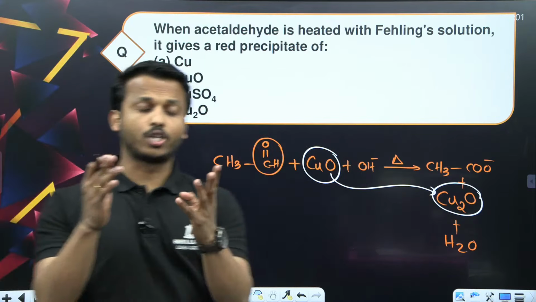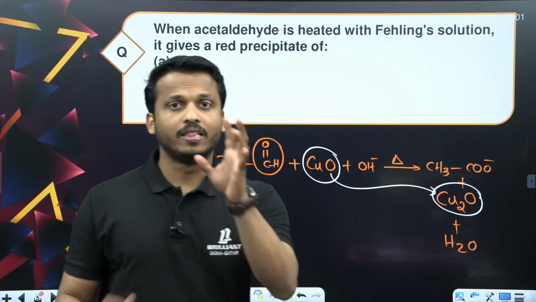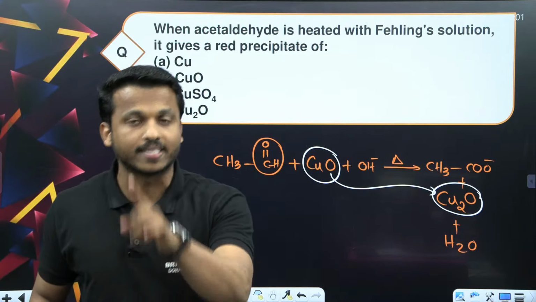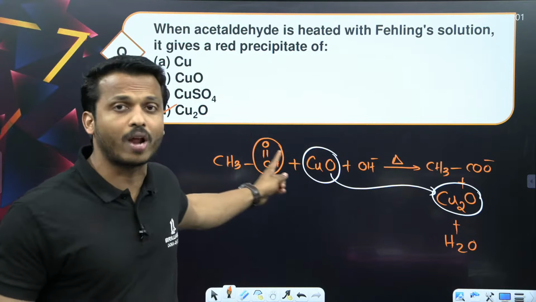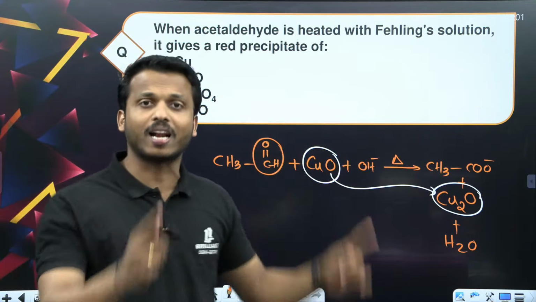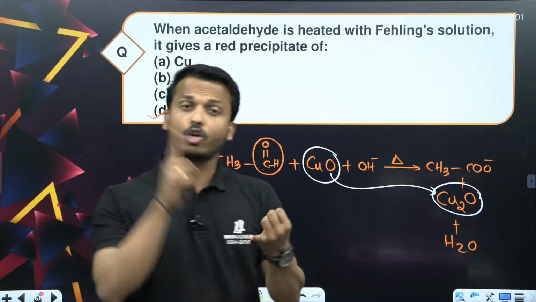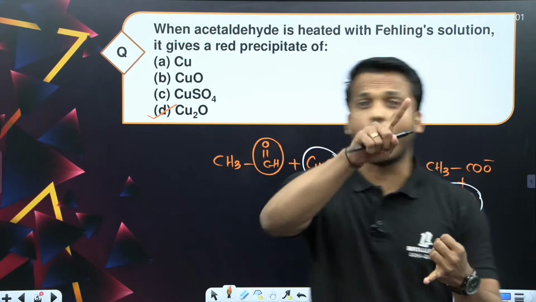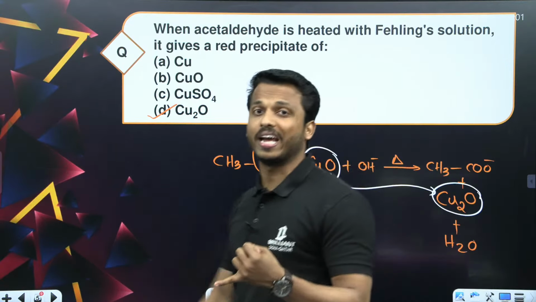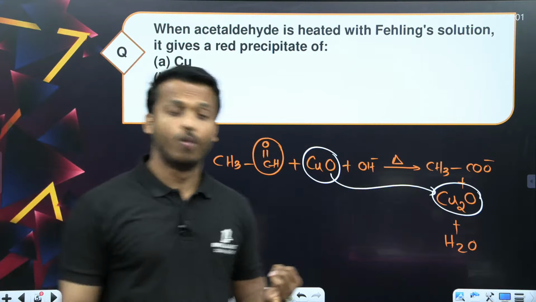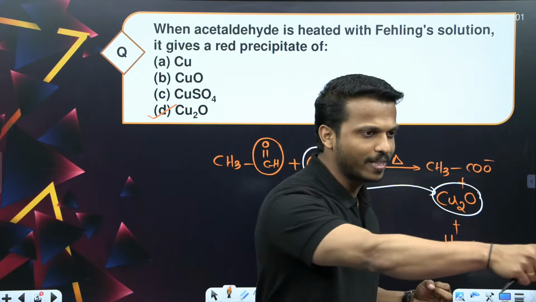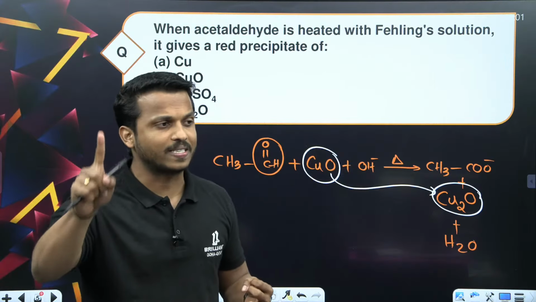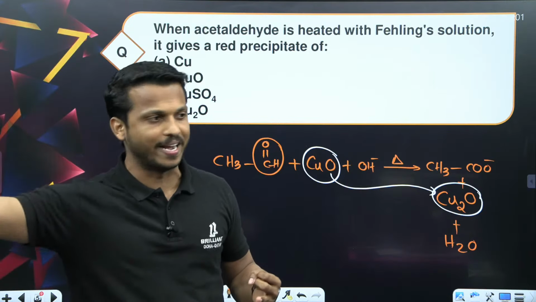Tollens' test and Fehling's test are distinguishing tests. They can ask you the reaction also. So please study the reaction for at least one compound, and the general reaction also we have to know. Tollens' reagent is given by all aldehydes, aliphatic and aromatic. What about Fehling's? Fehling's test is given by dash aldehydes.